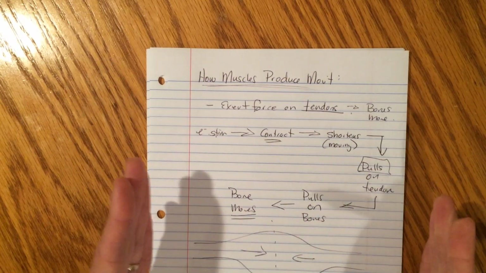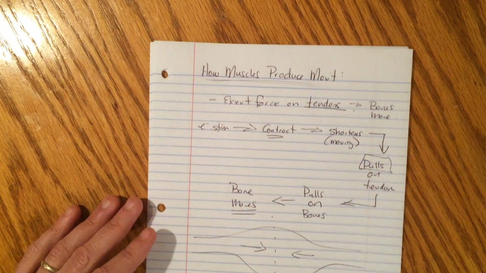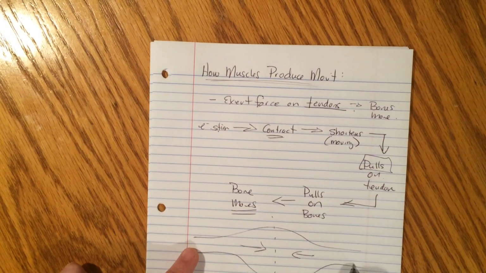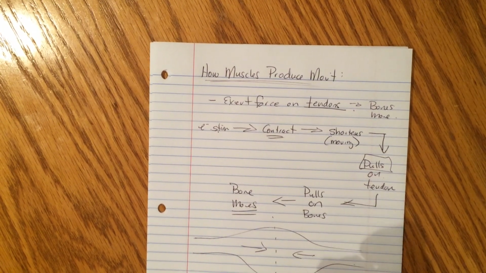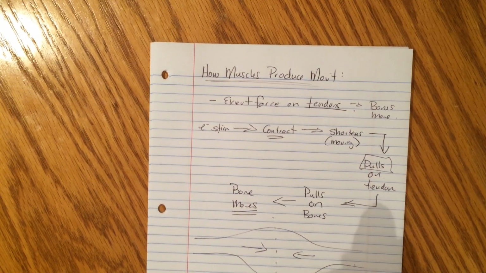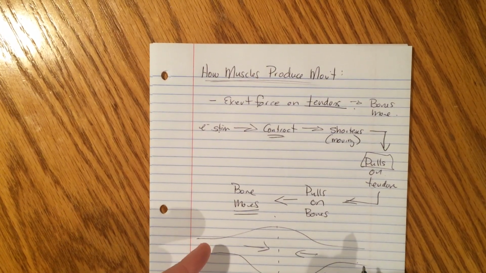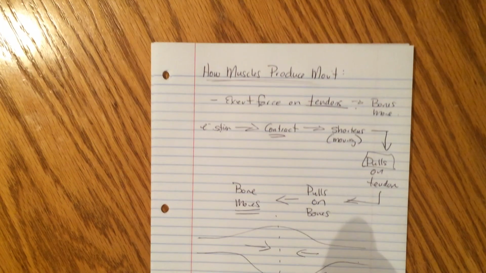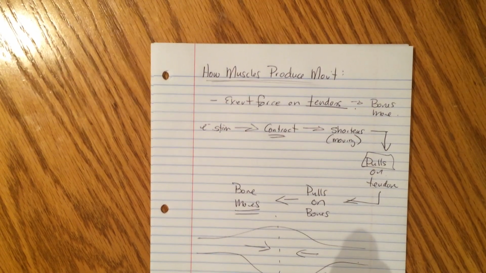So if it's shortening, the ends are going to get closer together. But if you were moving both ends at the same time, what you'd get is what, and I have no evidence of this is what it's called, I call it a washout. If both ends were moving at the same time, you'd get a washout. That means you'd lose power and control.